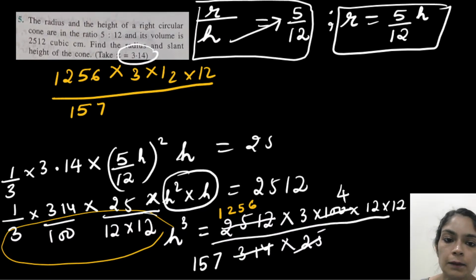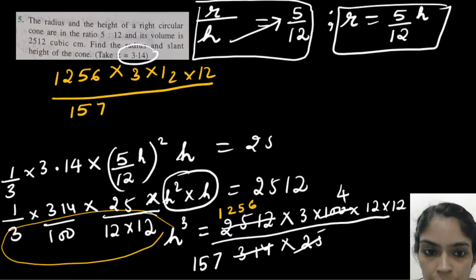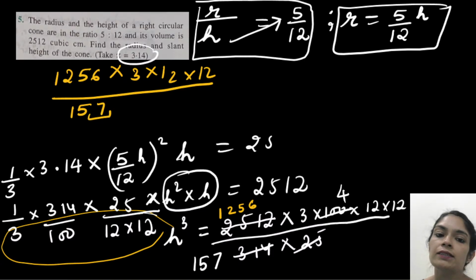So now we can see 157 and this number, if it is directly getting cancelled. If it is getting cancelled, you can tell me yes, 157. Whenever such types of numbers are there, here you see the unit place digit. Here the unit place digit is 7, here it is 6.